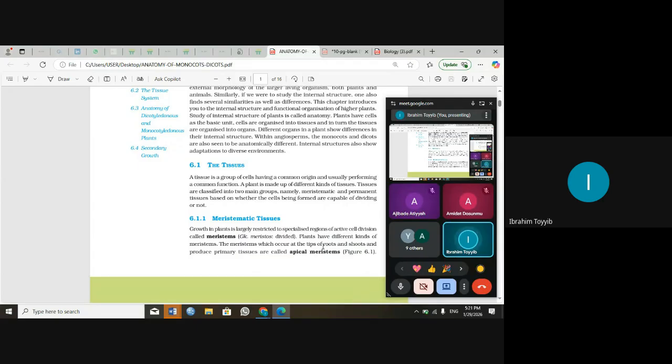For the tip of the roots, if you want to perform a practical on cell division, you can use onion roots. You peel the onion, pour water in a beaker, place the onion on the beaker, and leave it for a day in a dark cupboard. You see that the root will have grown.